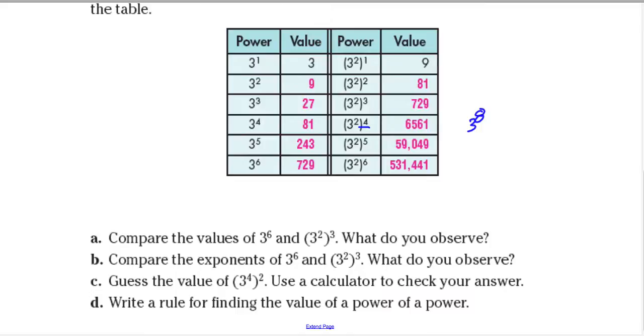Let me write that again so that it won't disappear. So this is the same as 3 to the 8th power. And if you notice, 4 times 2 right here will also give 3 to the 8th power. Your answer for this one would be 6,561. Okay? So now we found the pattern.